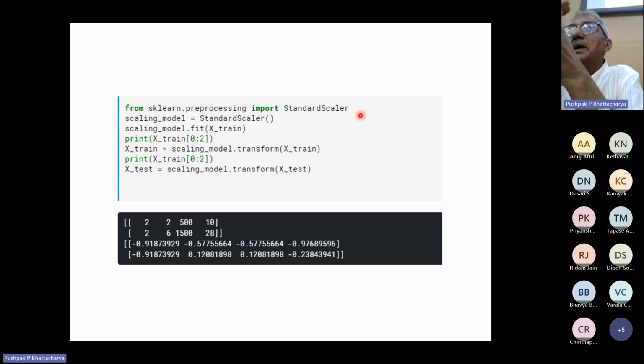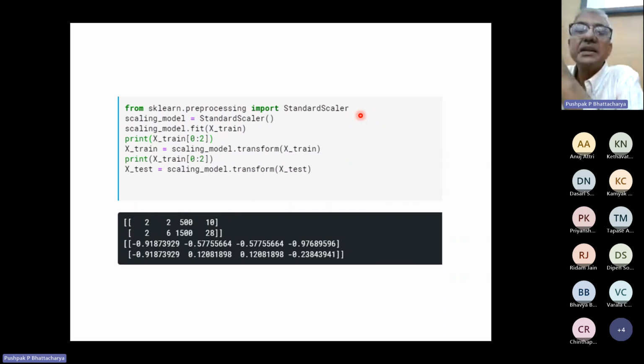Okay, so that would be a much larger integer. So this integer is very large compared to the age integer. Of course, you can apply decimal points and so on, divide by 100,000 or whatever. But this attribute as such will dominate other attributes because of the sheer size of the values.